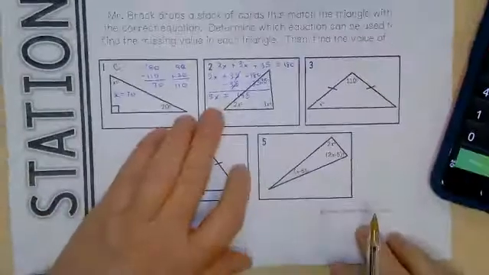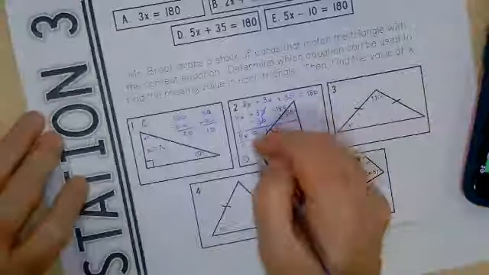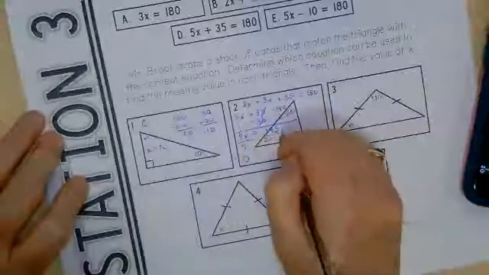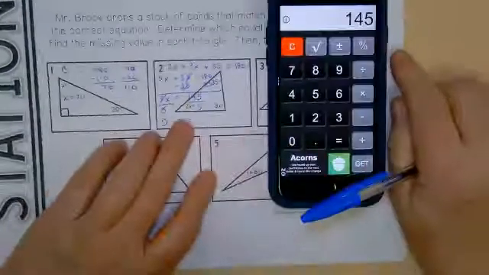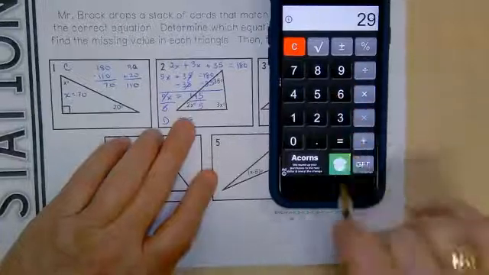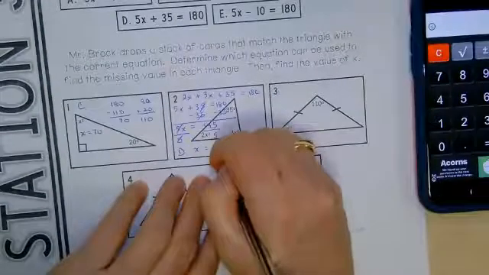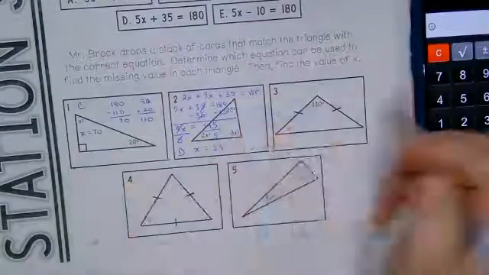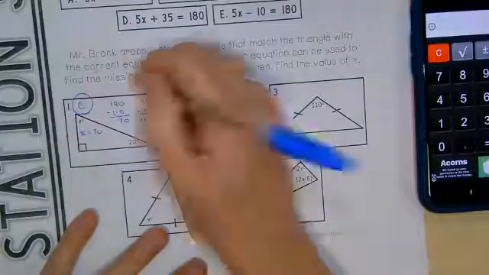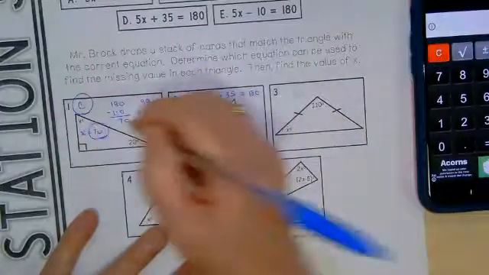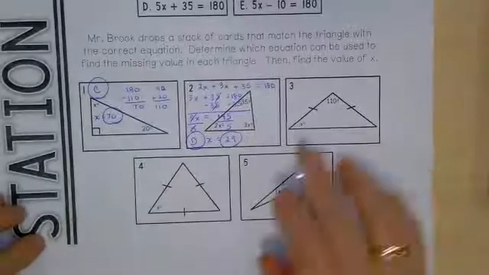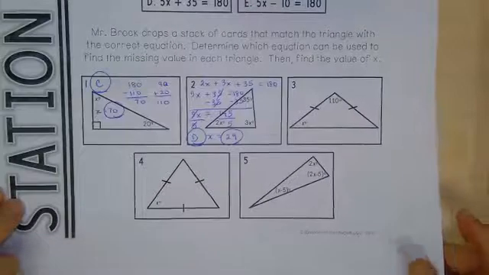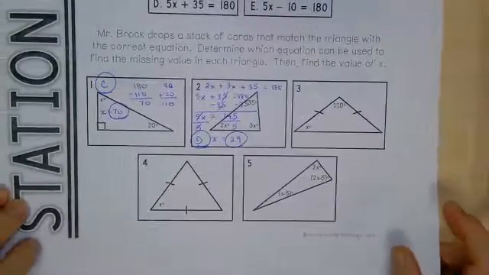And to get rid of times 5, I have to divide by 5. x equals 145 divided by 5. x equals 29. Okay, so that gives you an idea about how to finish those last three on that page, so you can go ahead and work on those.